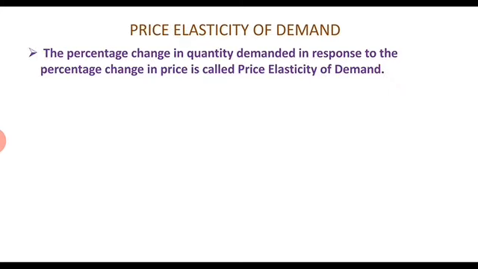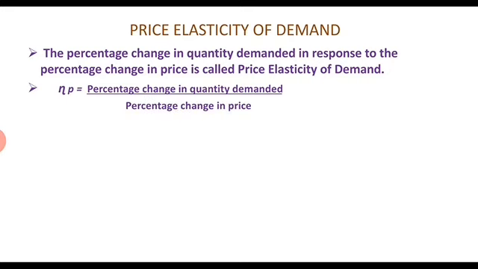Price demand elasticity. The percentage change in quantity demanded in response to the percentage change in price is called price demand elasticity. Price demand elasticity eta P is equal to the percentage change in quantity demanded divided by the percentage change in price.